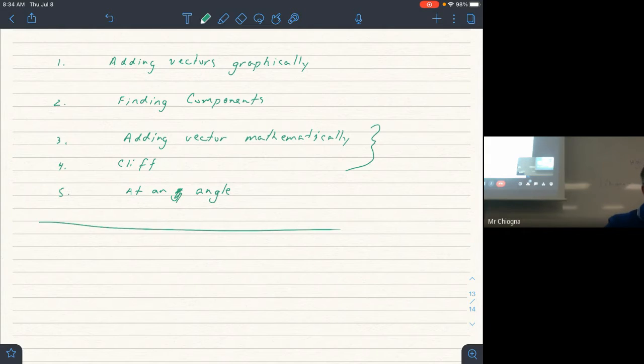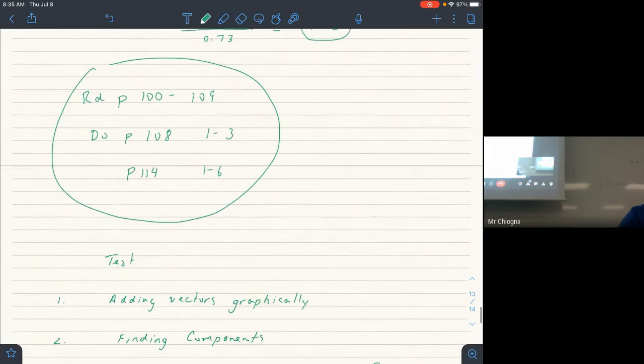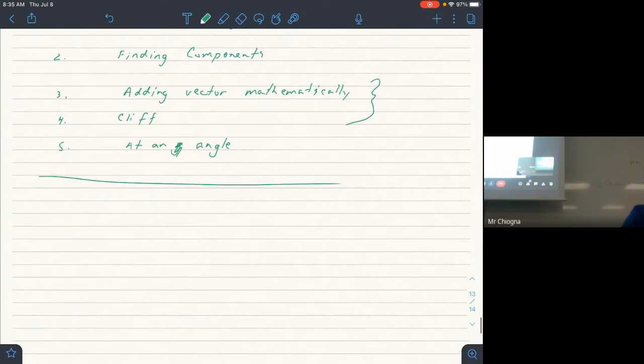Cliff problem. Okay, let's just go over it quickly. Number one. Then I'll start with page 108, but 103 first.